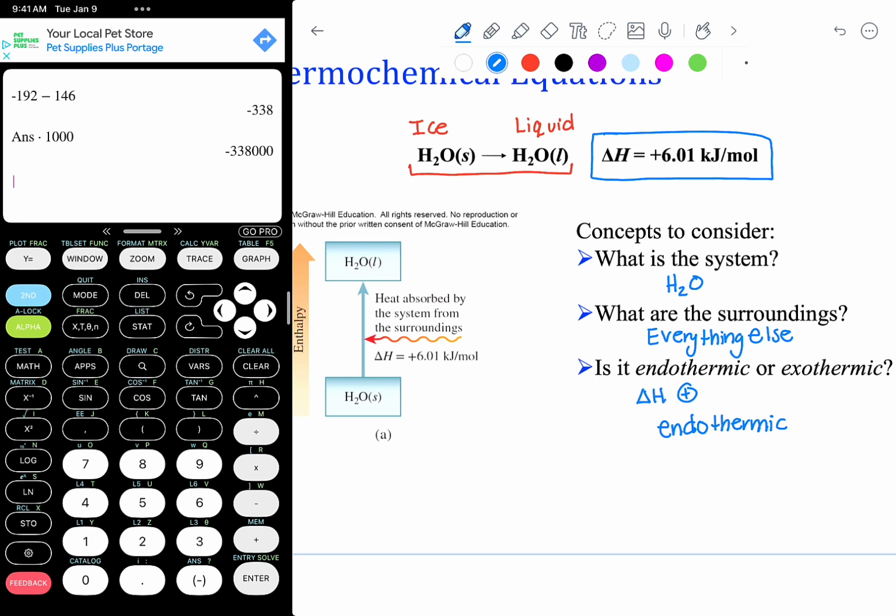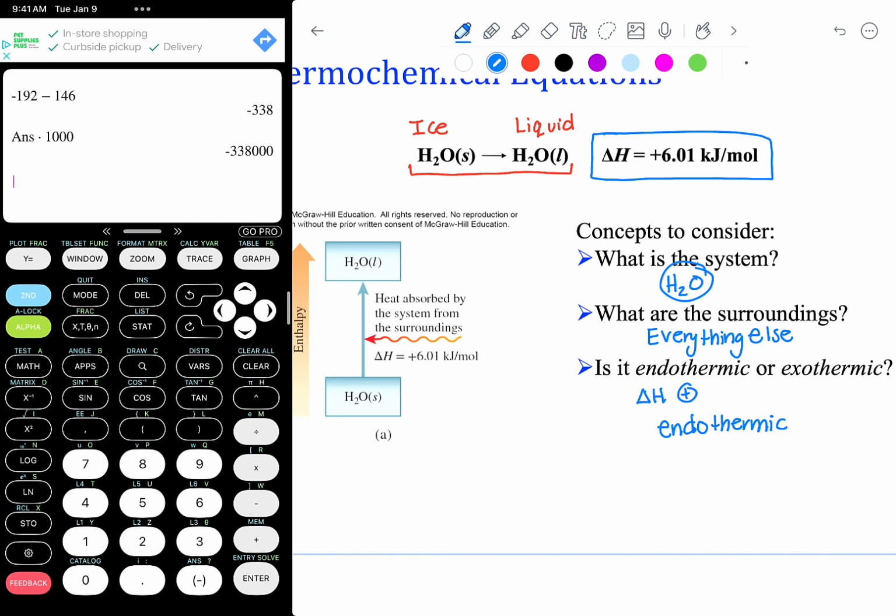Well, when we're melting ice, we want that ice to warm up, so we need to take heat into our system, to the water, from the surroundings, which is everything else around it. Okay, so heat is being absorbed by the system from the surroundings, and specifically the amount that it takes to do that is 6.01 kilojoules per mole.